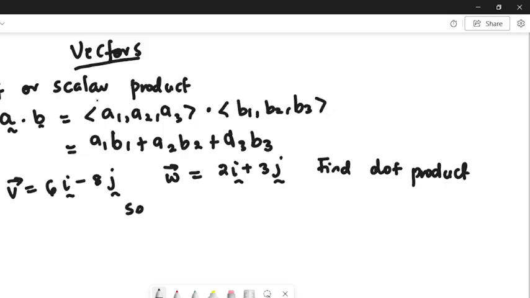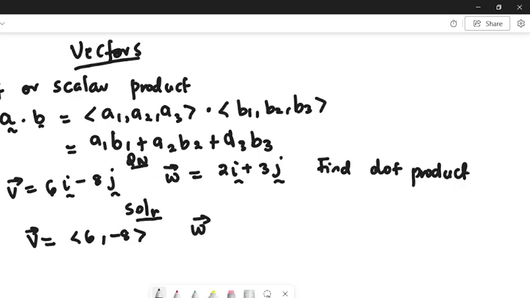So our solution, this is our quiz here. The first step is to represent this equation in vector form. So our V is going to be 6, negative 8.